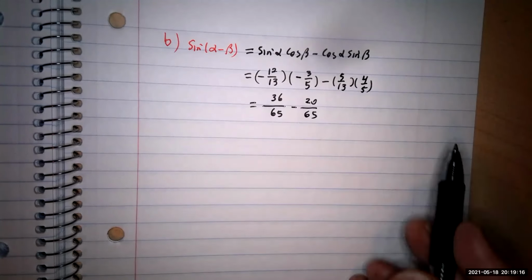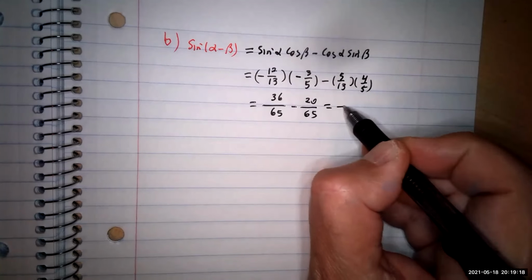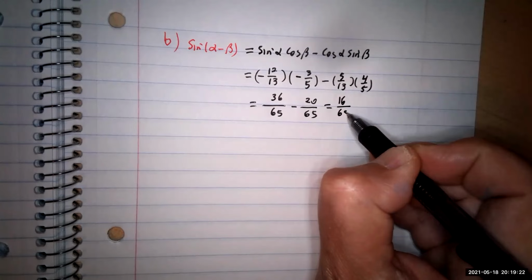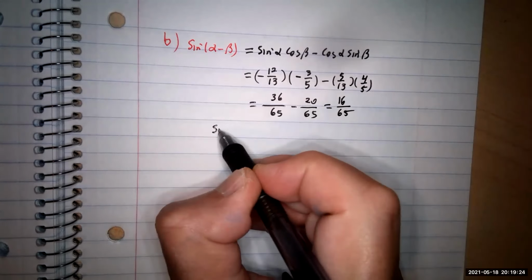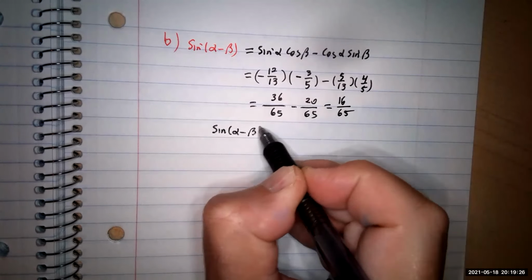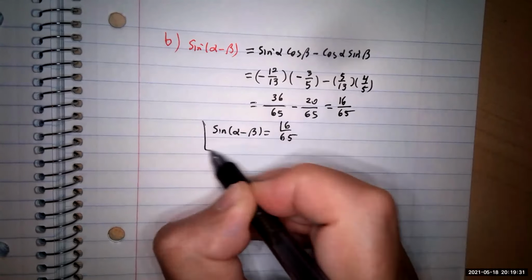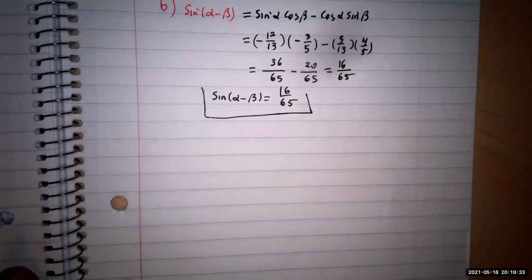That gives 16 over 65. So the sine of alpha minus beta is 16 over 65. That's it, part B.